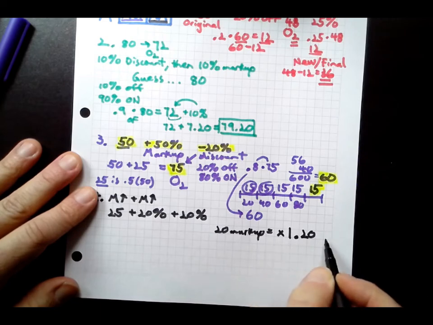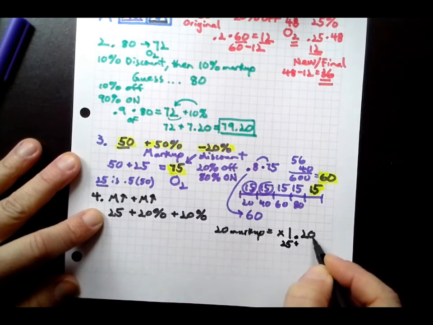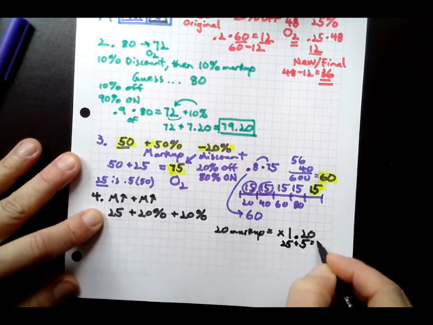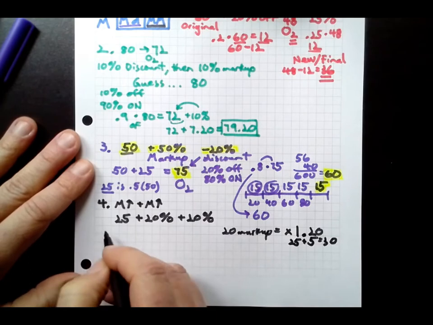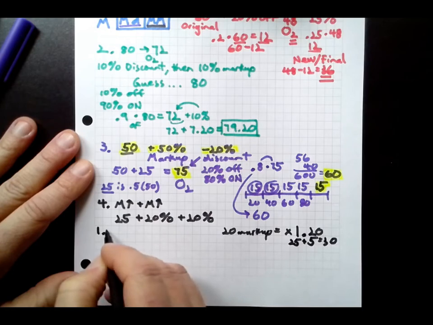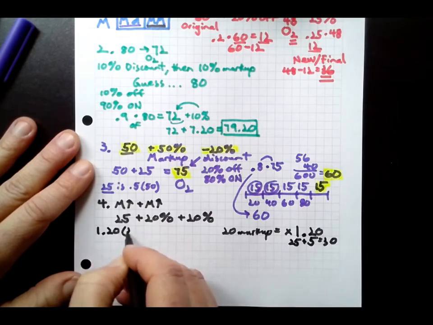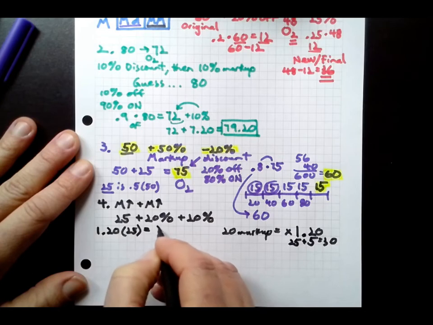So we can actually multiply 25 by 1.2. That means we get the original 25, and the decimal means we add 20% of the original 25, which is 5, and we should end up with 30. Let's test that out for real. 120% of 25. Got the 25, and we got 5 more, which makes 30.